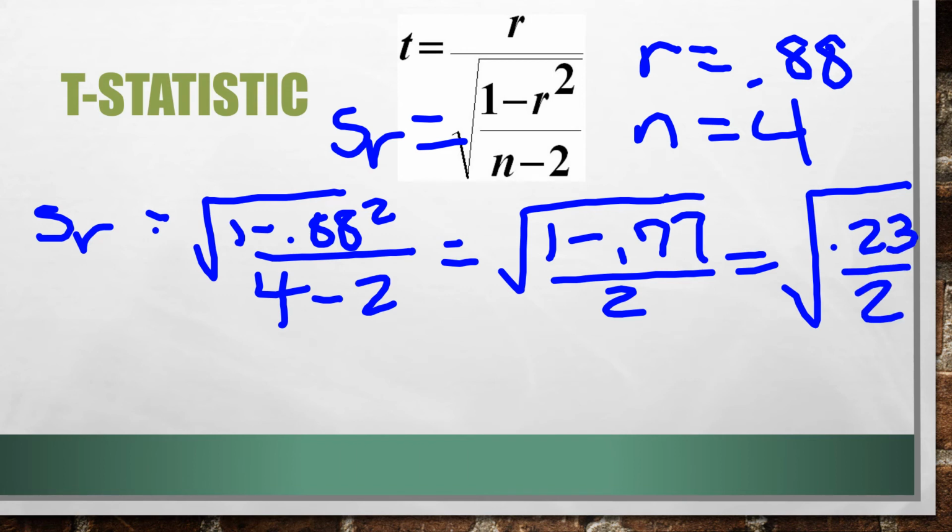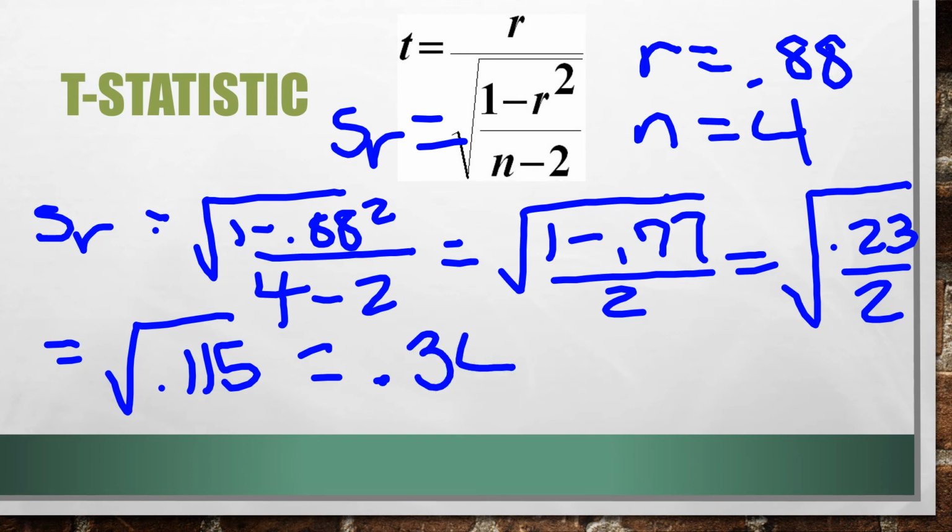And then 0.23 divided by 2 is 0.115, so that equals the square root of 0.115. And put that on your calculator, you will get about 0.34. Alright, so the first step would be to get the standard error. So that's 0.34. Let me erase this and we'll get the whole t-statistic.